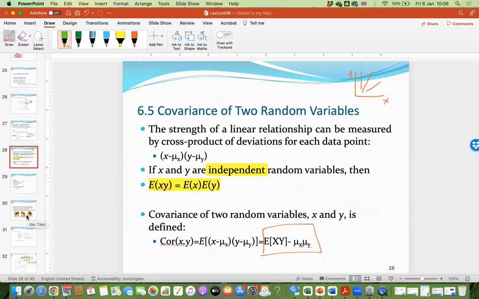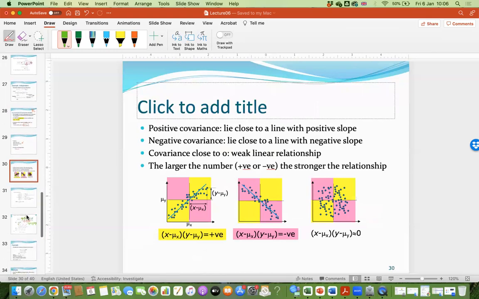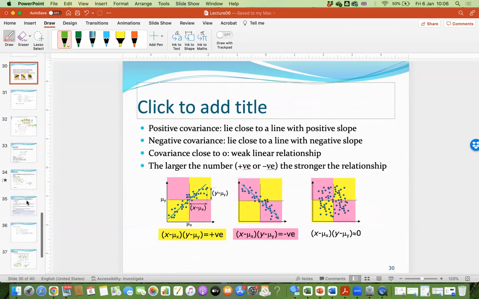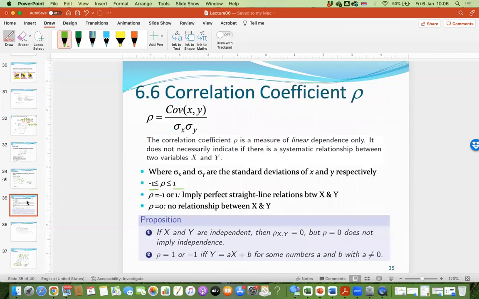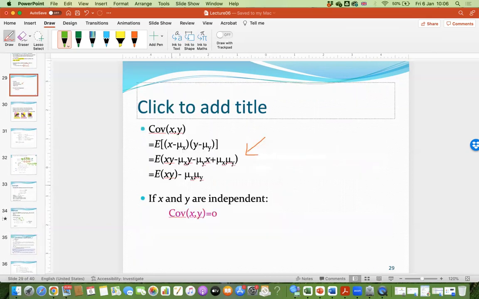We also learned two more things: covariance. Covariance checks whether your line has a positive slope or negative slope. They don't have a limitation on the value. The next one is the correlation coefficient. In order to get the correlation coefficient, you need to know the covariance. The covariance equation is the mean of xy minus the mean of x times the mean of y.